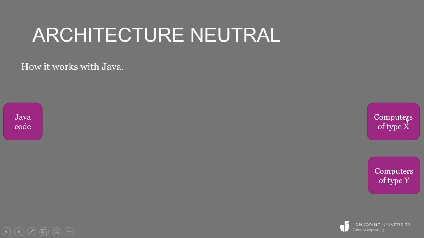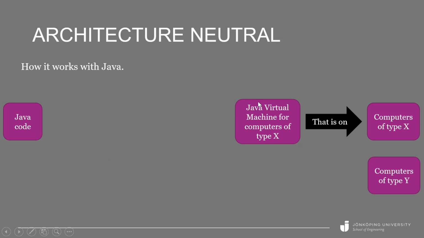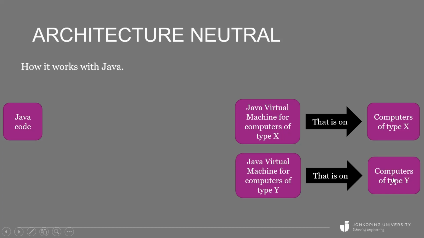Well, the users over here, before they can run our Java program, they need to install something called a Java virtual machine, and the Java virtual machine is what will run our Java code. So the user on this computer needs to install a Java virtual machine that has been created for this type of computer and that specific operating system. And the user at this computer needs to install a Java virtual machine that has been created for this type of computer with the specific operating system here.